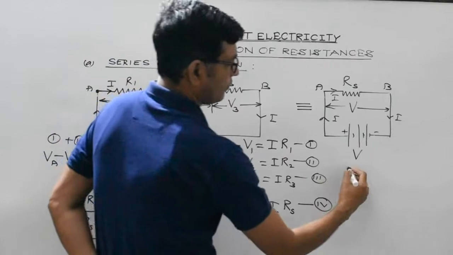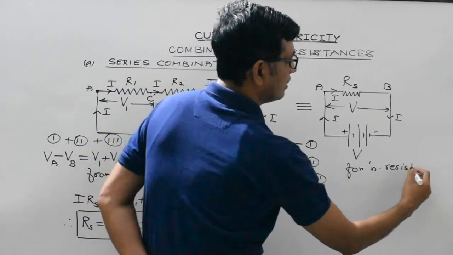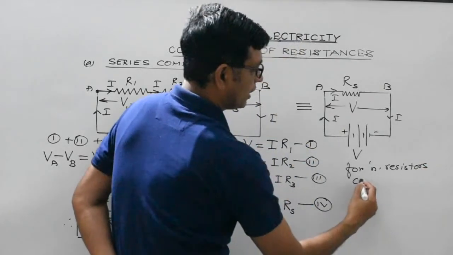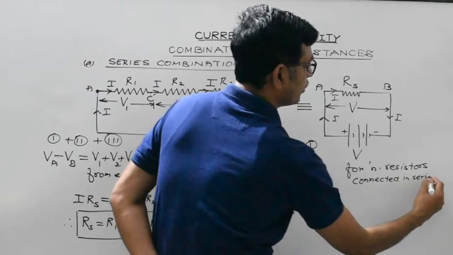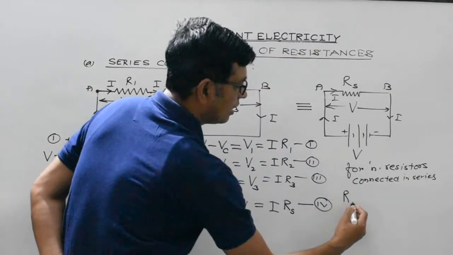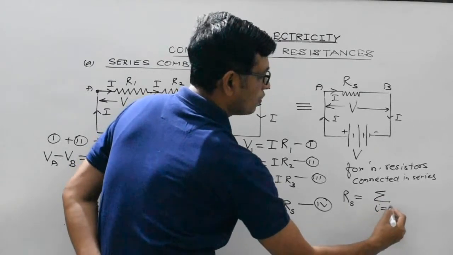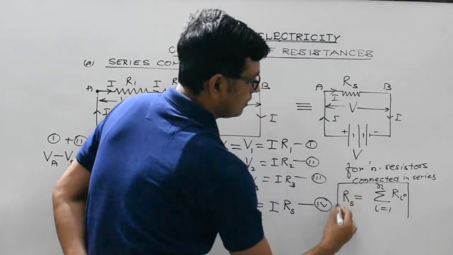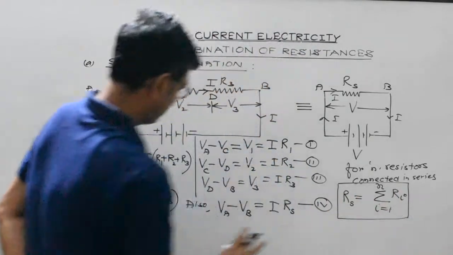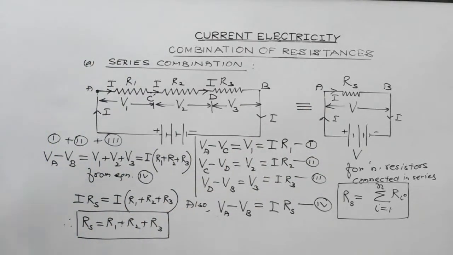So therefore, for n resistors connected in series, we can write it like this: R series equals the summation, i equals 1 to n, of Ri. So this result can be generalized for n resistors connected in series as well.